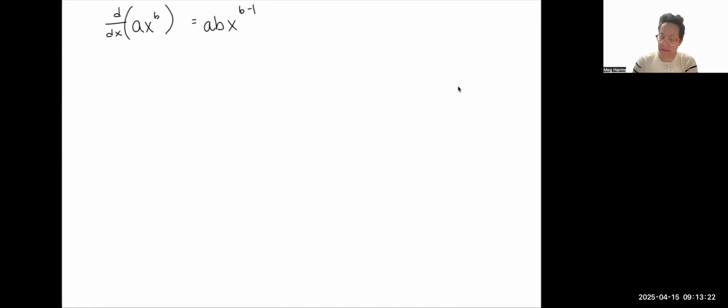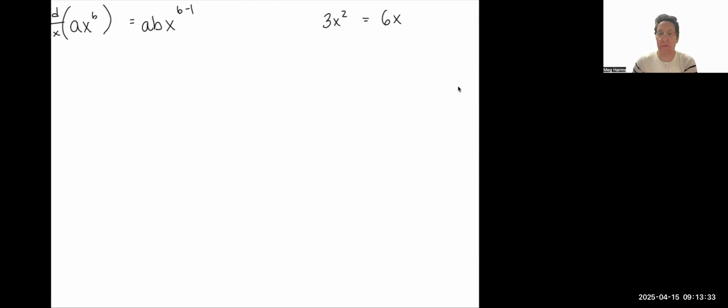So if I have something like 3x squared, I pull down the 2 to get 6, and then I subtract 1. So 6x to the first, or 6x. Okay.